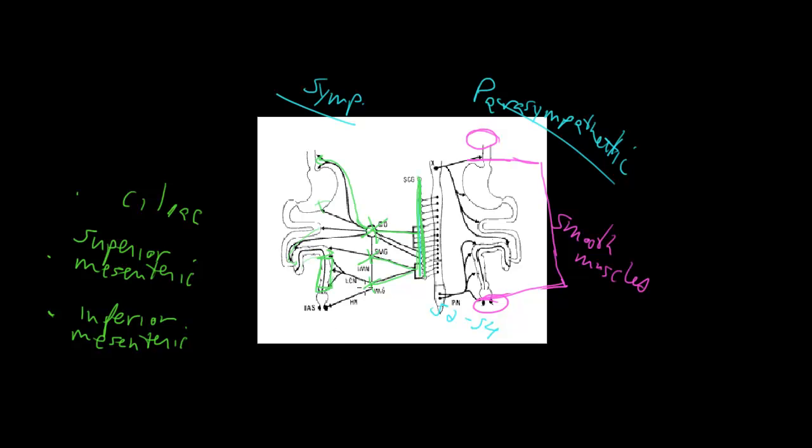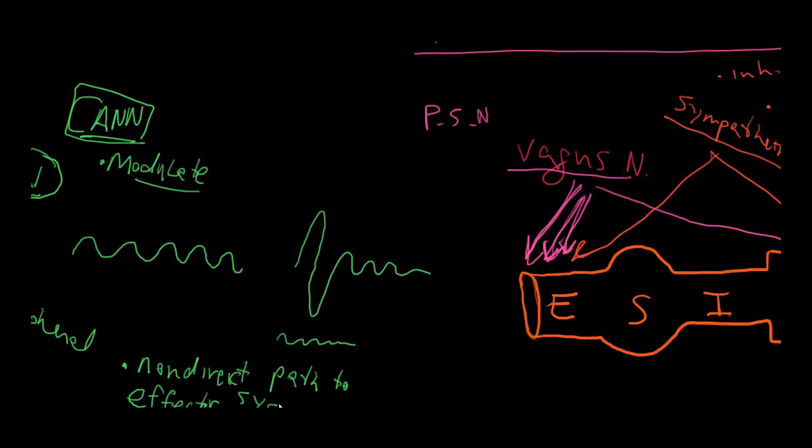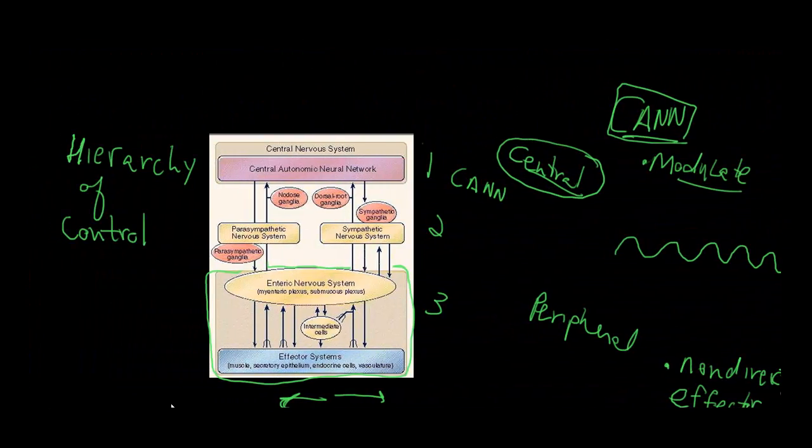You can also see the striated muscle being innervated by the sympathetic, as well as down here by the parasympathetic. So we just finished the parasympathetic and sympathetic innervation of the gut.